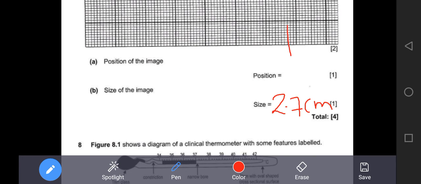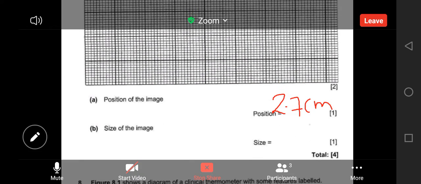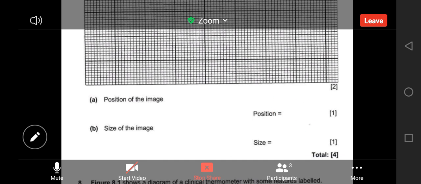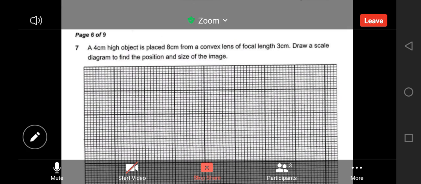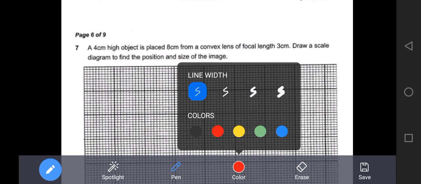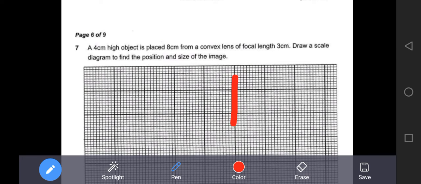Now remember, let me do this. From a ray perspective, when they ask you what is the position, let's say we had such a scenario.